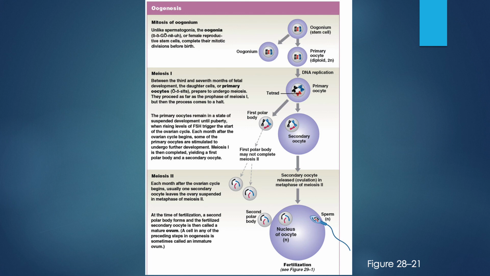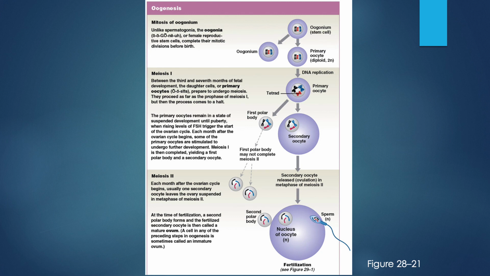Subsequently, each month that there's an ovarian cycle, some of those primary oocytes that we see here in this second level will be stimulated to go into further development and complete meiosis 1, which yields the first polar body and a secondary oocyte. If we look over to the right here, you'll see the secondary oocyte is the large structure, and the first polar body is just that little side guy that has some junk genetic material for the most part.